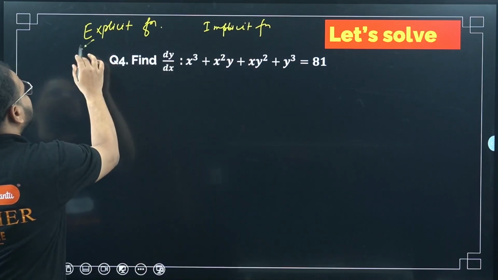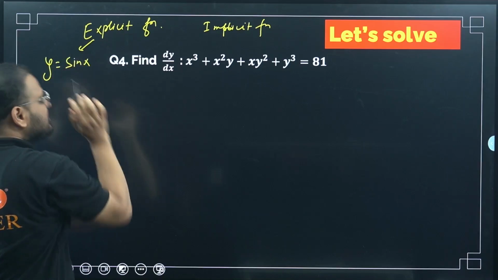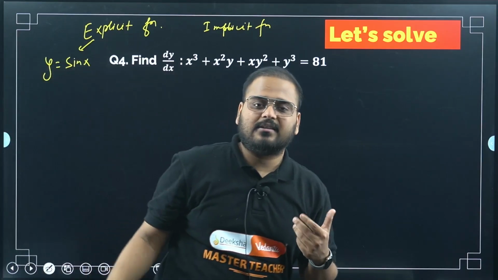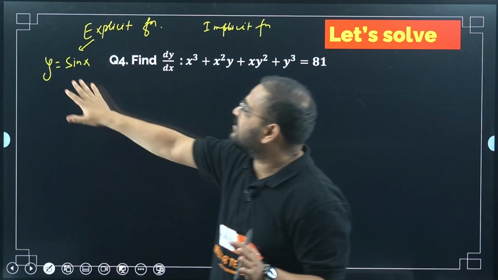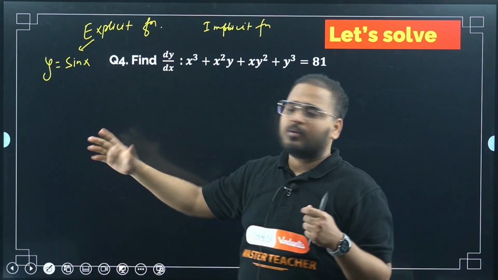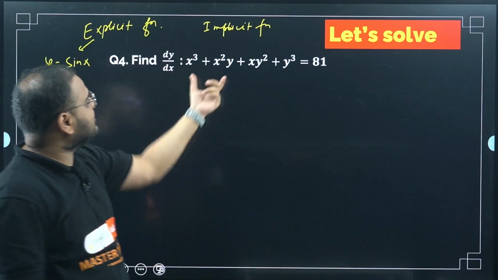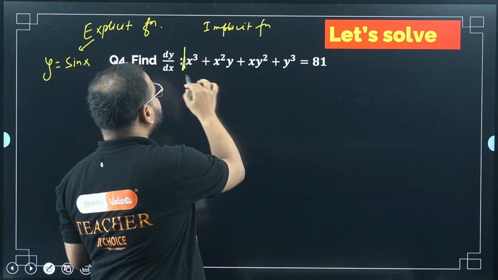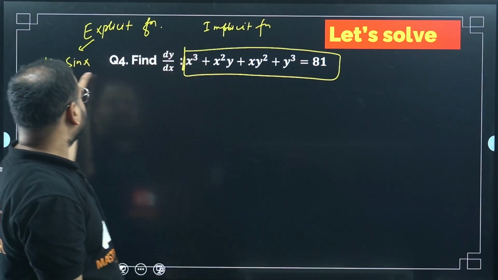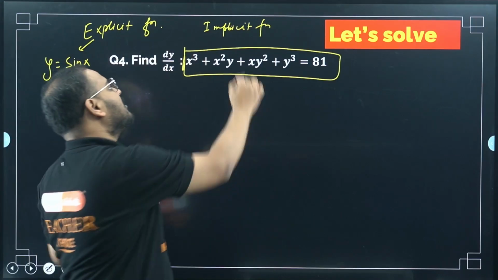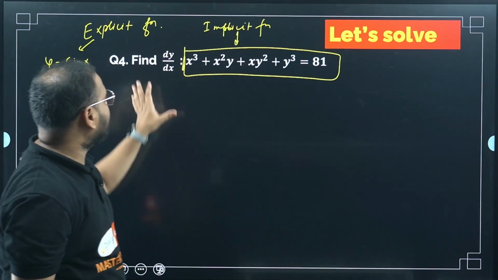If I write y equals sine x, it means I can express the function y in the form of x only. Explicitly means I can write y in the form of only x. Whereas in this case, can you define y without x? No, sir. So the function is implicit in nature.